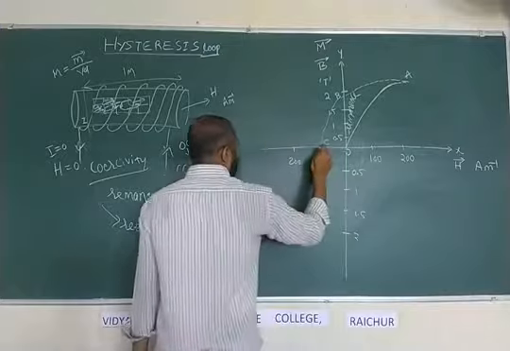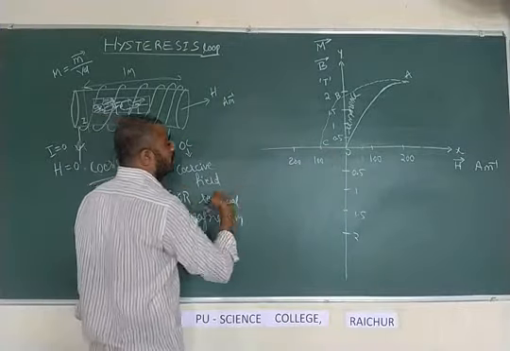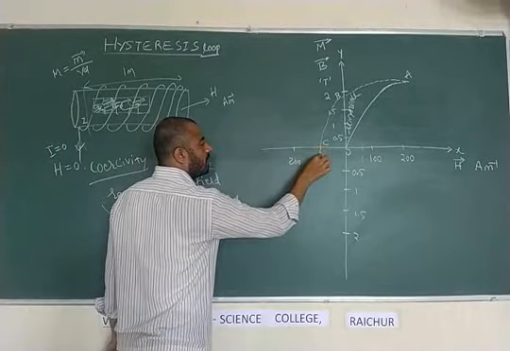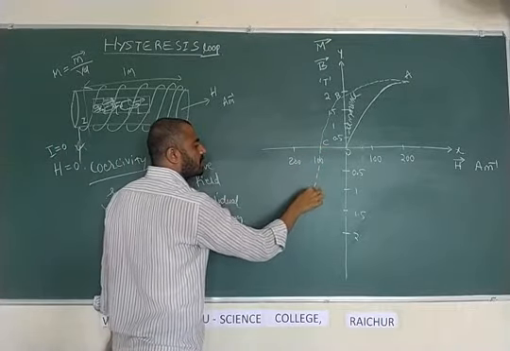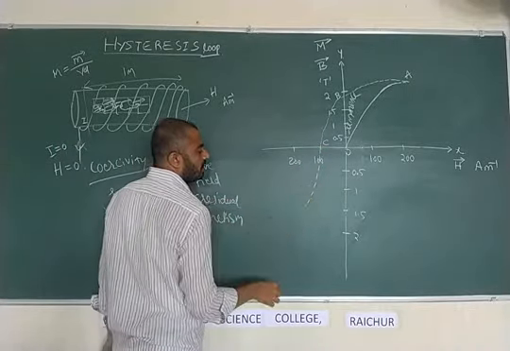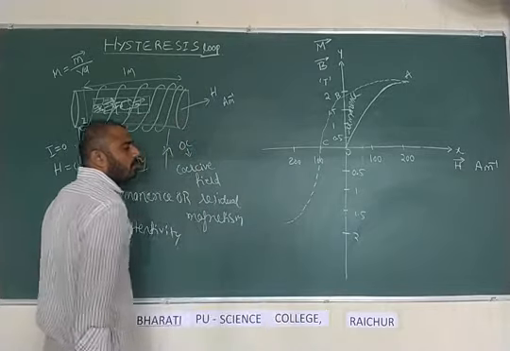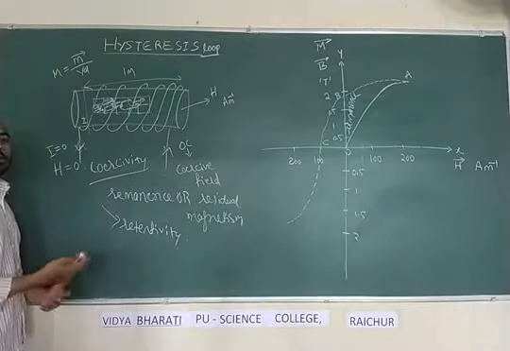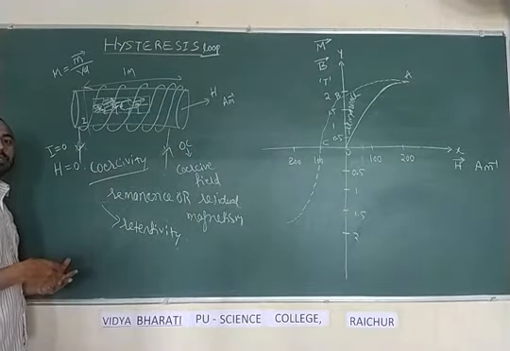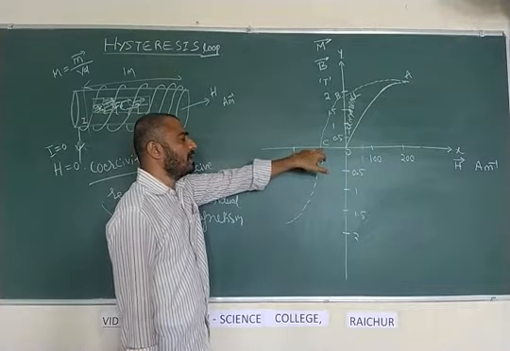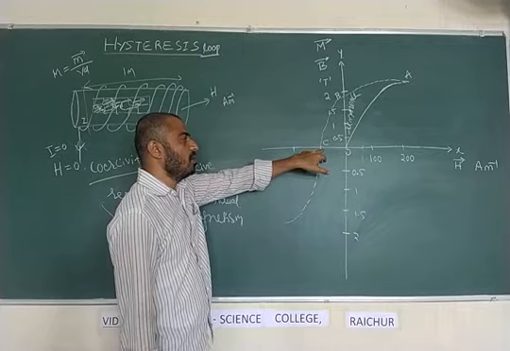Further, if I continue to increase the current in the same way, it reaches again a saturation, but in another direction, the opposite direction. I don't stop here. Okay, residual magnetism has become 0.